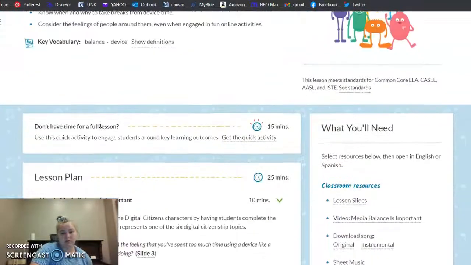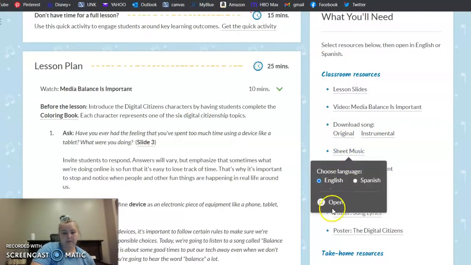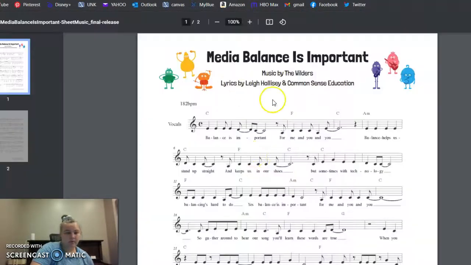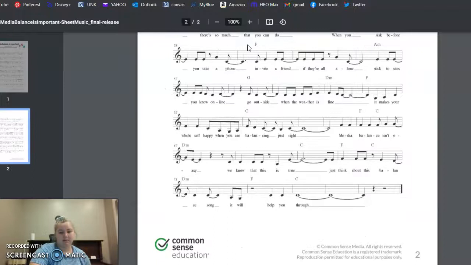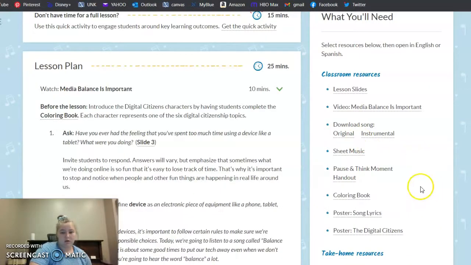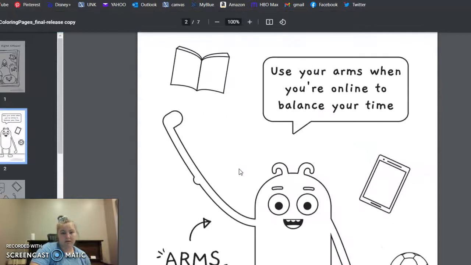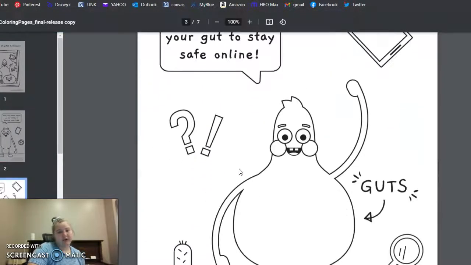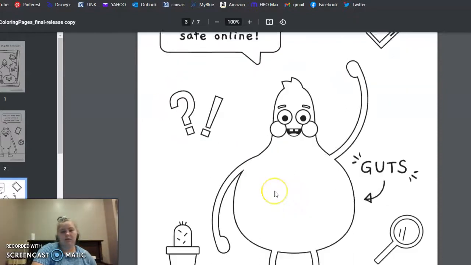Then there are also songs for this one that you can teach them about media balance importance, and go through this a few times and then sing it all together. There are also coloring sheets to do at the end of a lesson that have little sayings on them about technology.